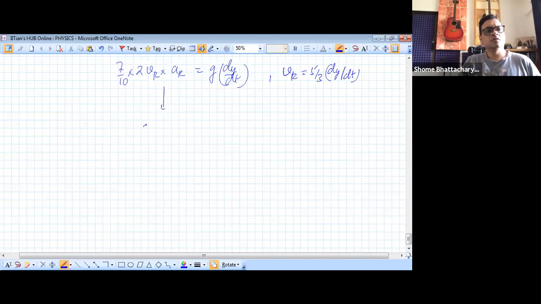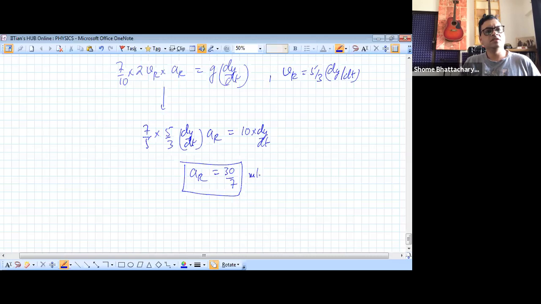So 7 by 5 into 5 by 3 dy by dt into a relative is equal to 10 into dy by dt. So a relative we will get as 30 by 7 meters per second square.